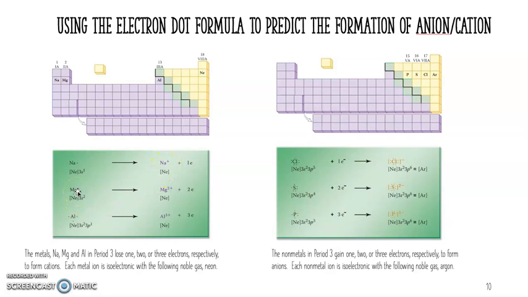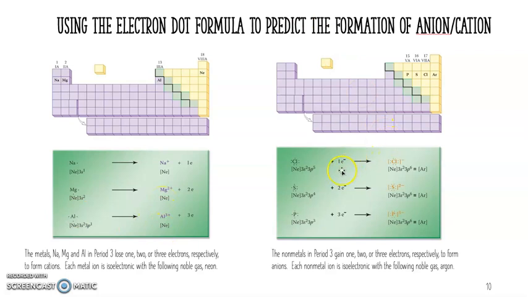Magnesium can lose 2 valence electrons, become magnesium 2 plus, and aluminum can lose 3 valence electrons and become aluminum 3 plus. When they lose 1, 2, or 3 valence electrons, they have the same total number of electrons as in neon. So the electron configuration is the same as the electron configuration in neon.